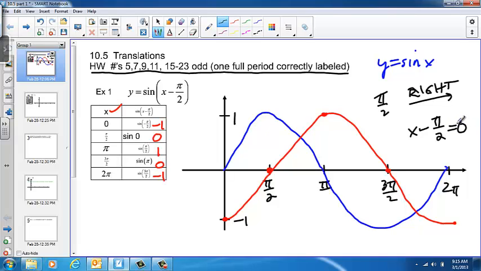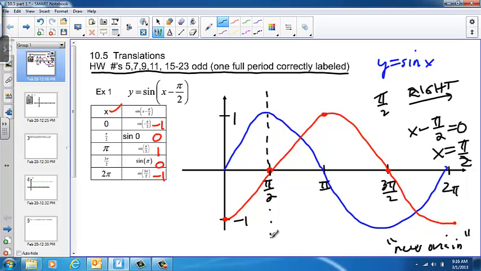Set that equal to 0. Solve for x and you get x equals pi over 2. Think of that, pi over 2, as your new origin. So kind of like where the y-axis was, it's now here at pi over 2.